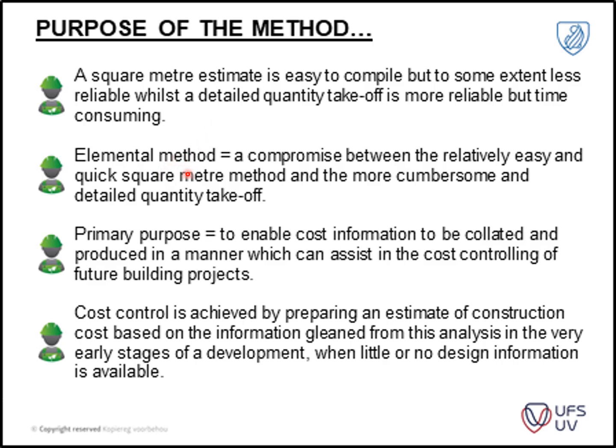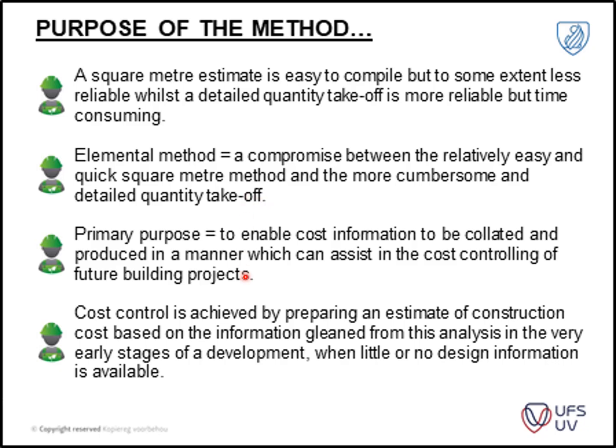So the elemental method, a combination of the relatively easy and quick square meter method and the more cumbersome and detailed quantity takeoff. At a high level, you're just breaking your project into different elements to make sure that you have an accurate per square meter rate that you apply to the different sections of your building.